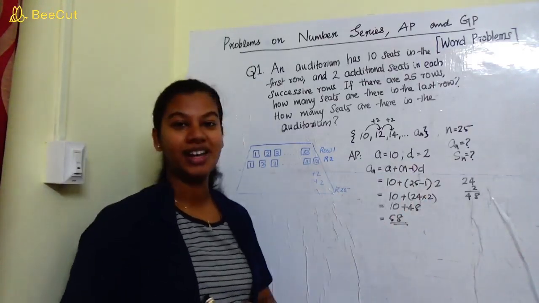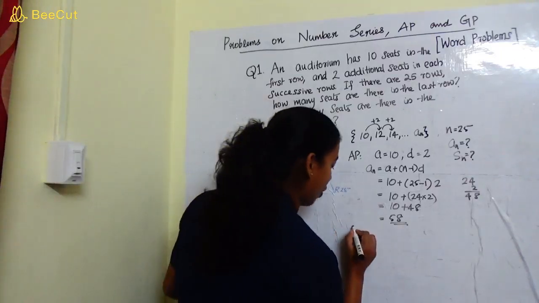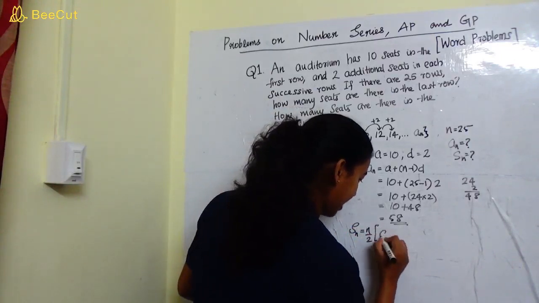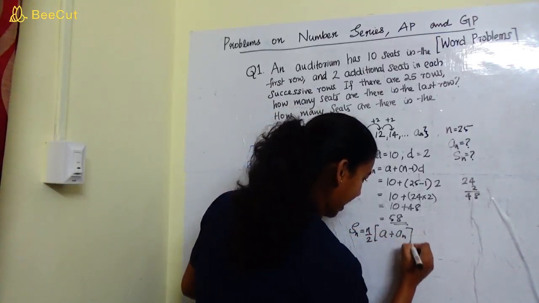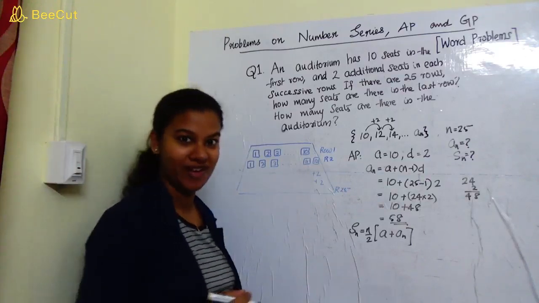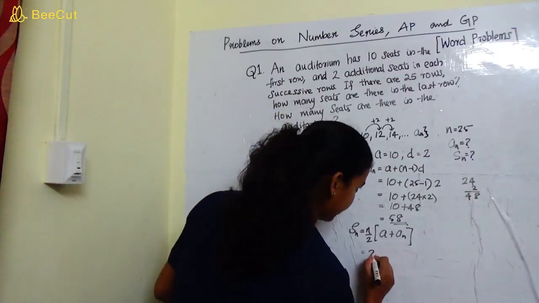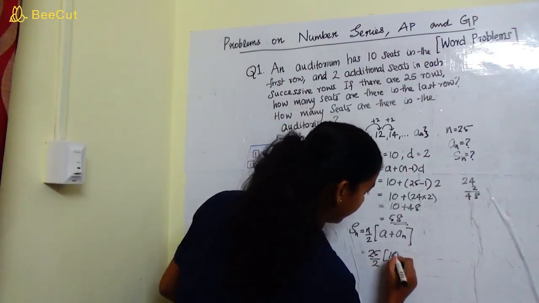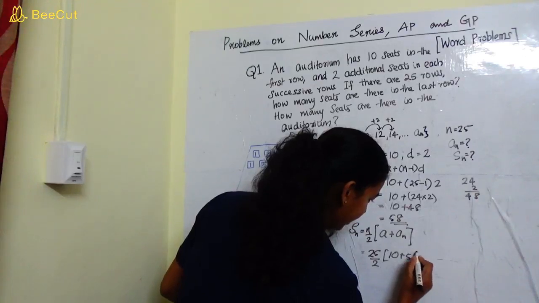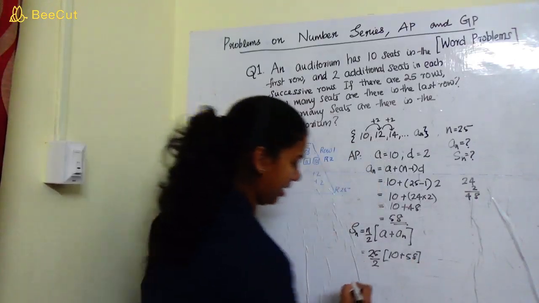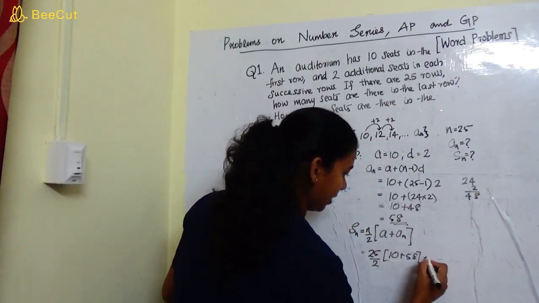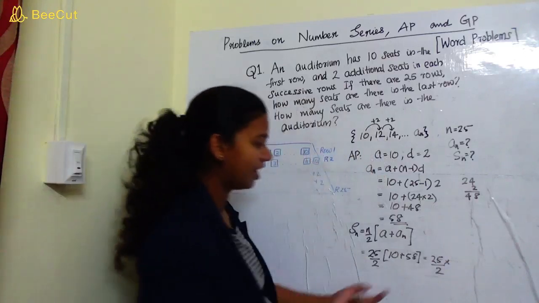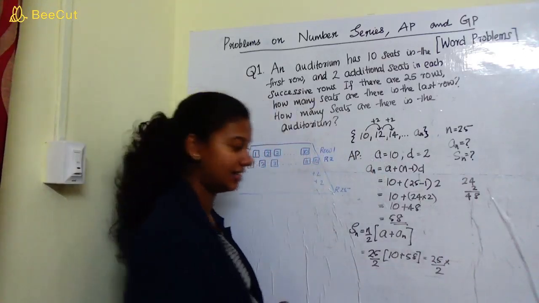Now next we have to find Sn. We have the formula Sn equals n by 2 into A plus An, right? Now I'll substitute the values. That is 25 by 2 into 10 plus An is 58. So that will be equal to 25 by 2 into, what is 10 plus 58? 68.